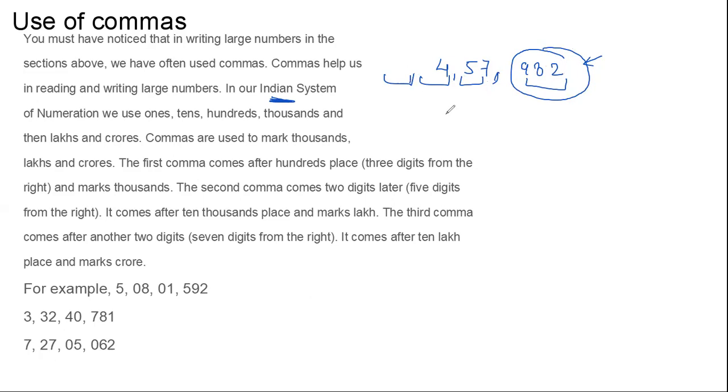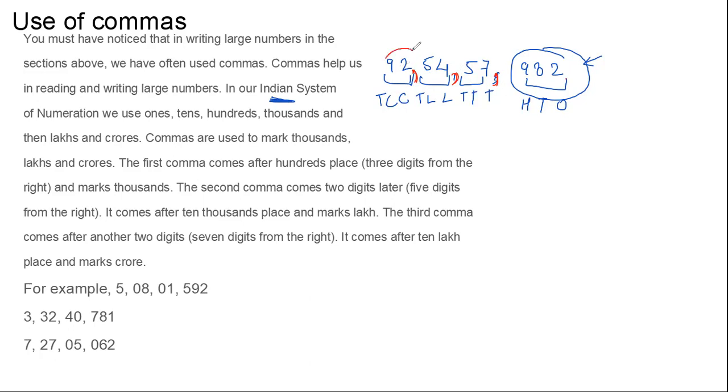Suppose if I write this number, okay. So how will I count it? Ones, tens, 100, 1,000, 10,000, lakh, 10 lakh, crore, 10 crore. Okay. So as I told you, after the first 3 digits, the comma will come, and after that, every 2 digits, the comma will come. So how will I count it?